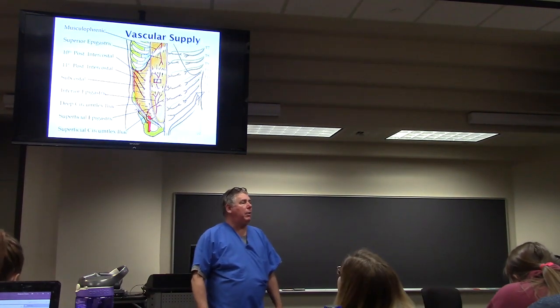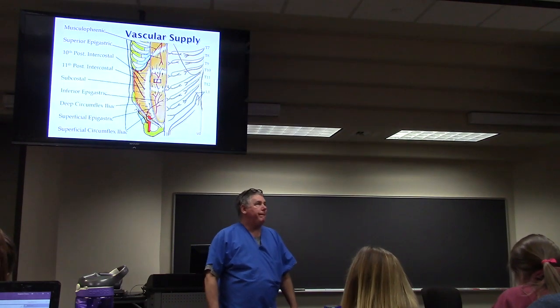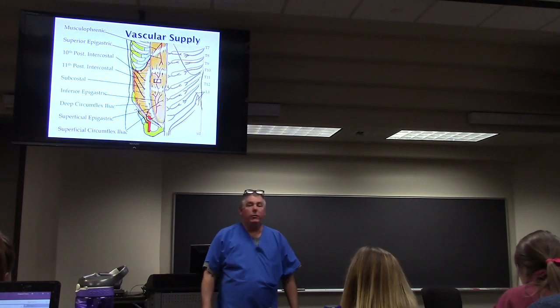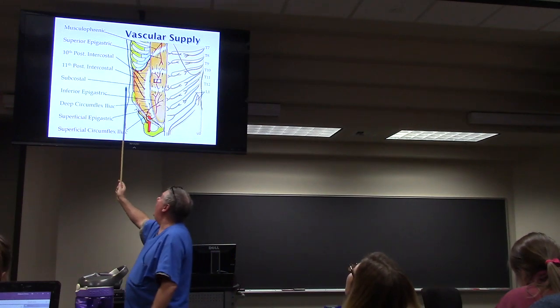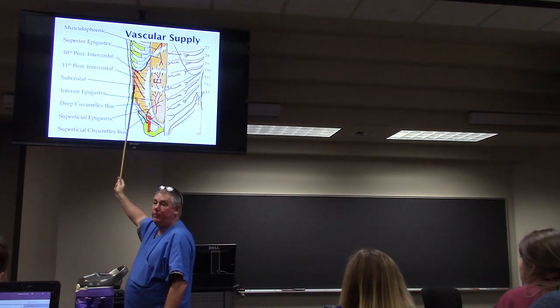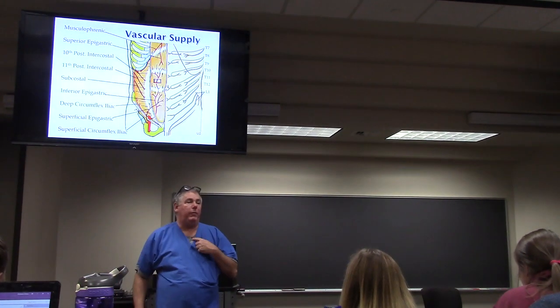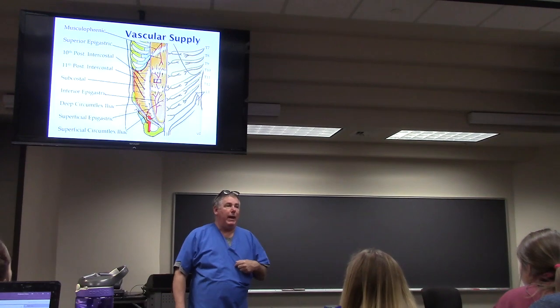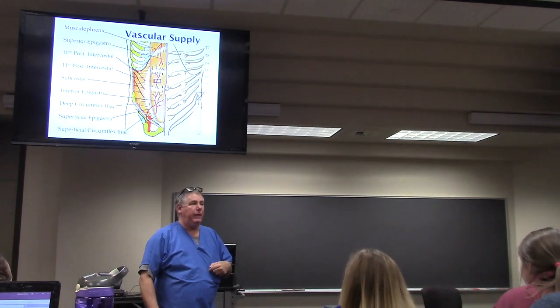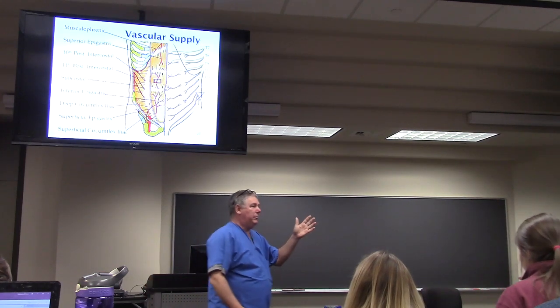The vascular supply is segmental as well to the abdominal obliques and transversus abdominis. And here's something I want to talk to you about. Remember the internal thoracic here? We kind of left it as, well, there it is right there on the underside of the chest plate.